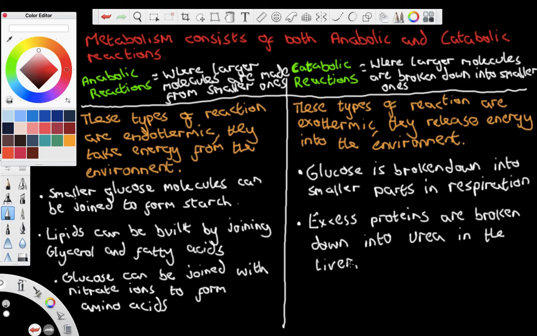So if you've got these large protein molecules, they're broken down into smaller pieces known as urea in the liver, and then you can urinate the urea out, which again we'll talk about in year 11.